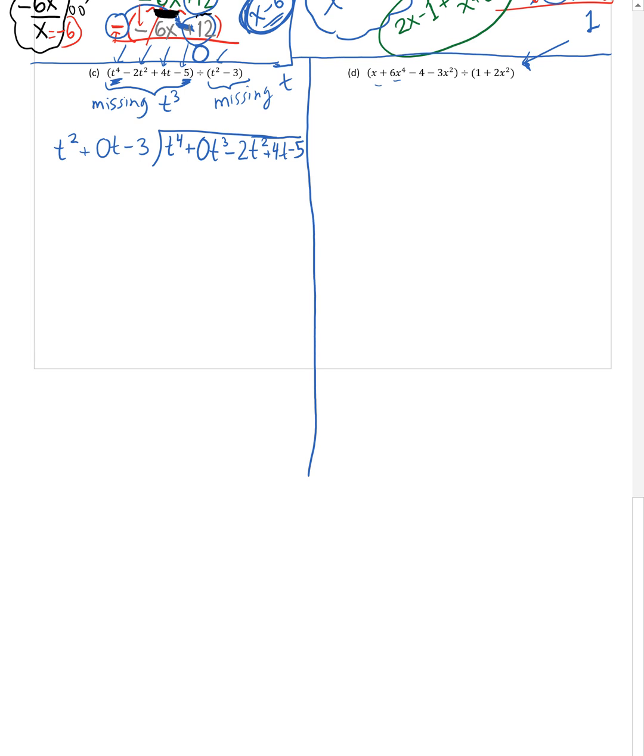Alright, now that I have those there, I'm ready to go for it. I'm going to focus, like I said before, on the first term and the first term. I think you can do it in your head. Instead of t to the 4th divided by t squared, I ask myself, t squared times what would be t to the 4th? You need another t squared, because t to the 2nd power times t to the 2nd power, if you add their powers, is t to the 4th power.